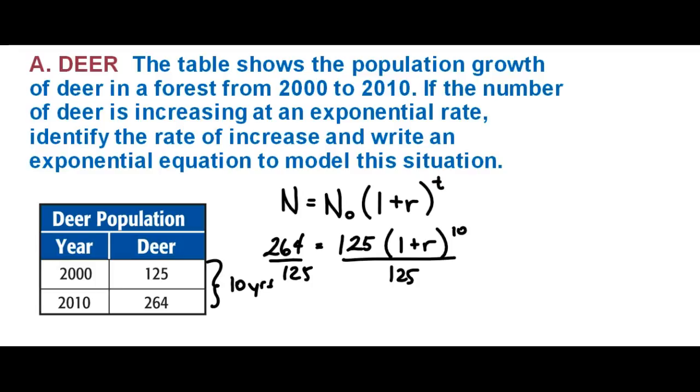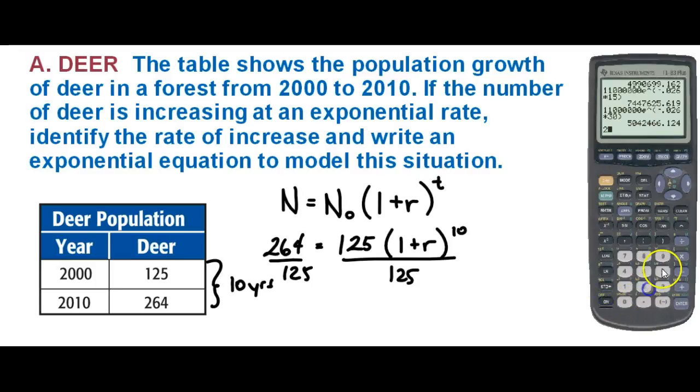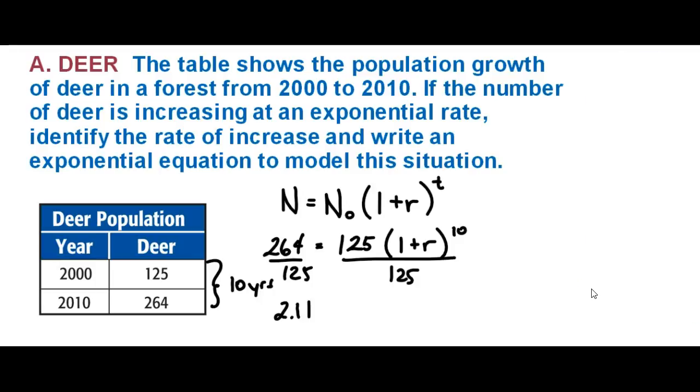So we get 264 over 125, which is 2.112, equals 1 plus r to the 10th power. Now what we're going to do is take the 10th root. Probably don't do that very often, but we're going to take the 10th root of both sides to get rid of that power.